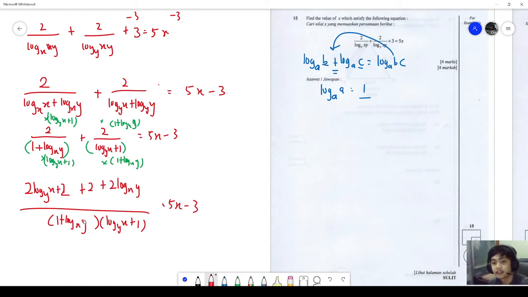So from here we're going to simplify the top part, and we're going to cross multiply the bottom.